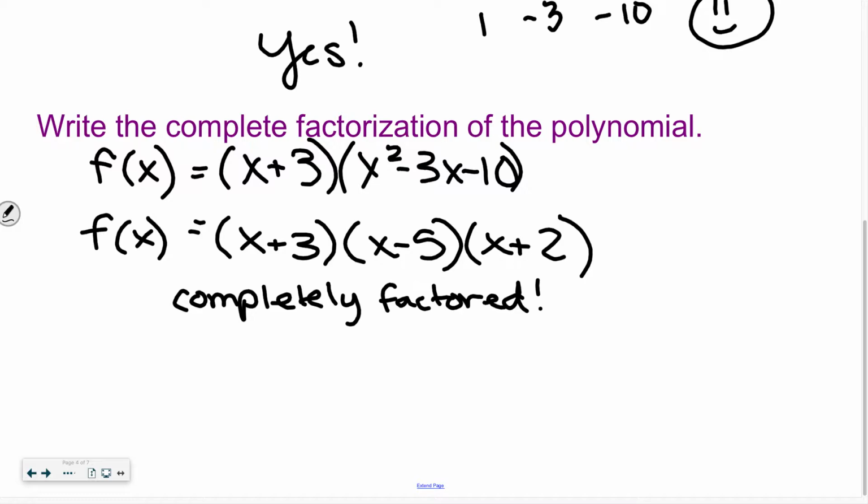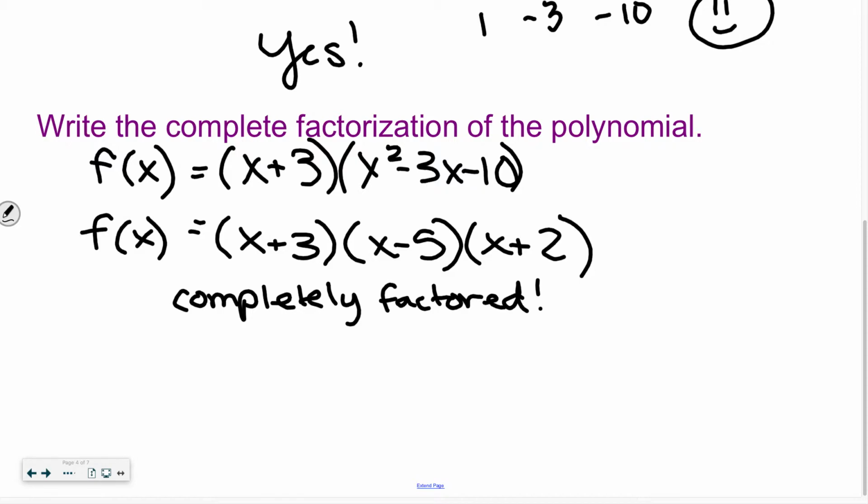One thing that happens a lot for students when I ask for the complete factorization is that a lot of people only factor the quotient and forget to put back the original factor that they checked. So one way to check if you have the complete factorization is, if your original function was cubic, how many factors will you need?